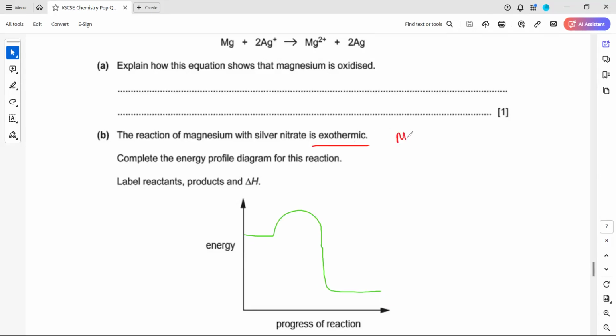So what are the reactants? The magnesium will react with silver nitrate, AgNO3. These are the reactants, and what is the product? It will form magnesium nitrate plus silver metal, and the equation must be balanced to 2 and 2. So here we have the reactants magnesium plus 2 AgNO3 gives Mg(NO3)2 and 2 Ag as the product.